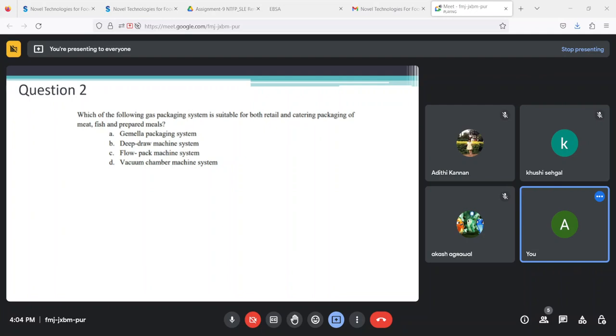So before we proceed, what is the purpose of a gas packaging system in food?